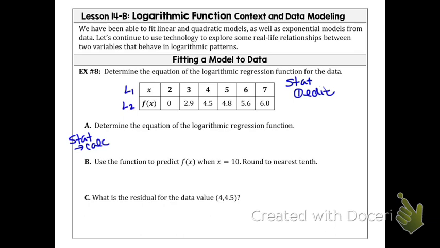And if you remember, turn on your diagnostics by going to mode and putting diagnostics on. If not, you might want to do that. I forgot to remind you. So it'll give you your r squared and your r value, okay?